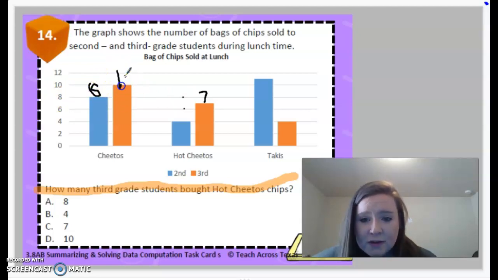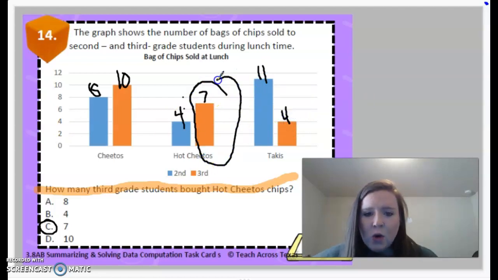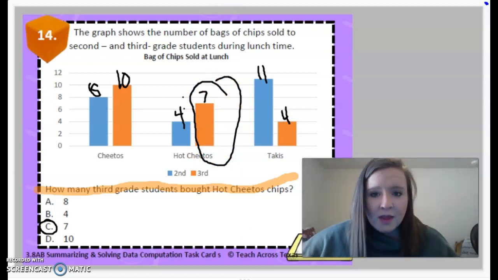This one lands perfectly, that's 10. Let me circle my answer. This one lands perfectly, that's 4. This one does not land perfectly on the line. So it's between 10 and 12, which would be 11. Good. And this one does land perfectly, and that is 4. Okay? But this is the only one that we were looking for in this graph.